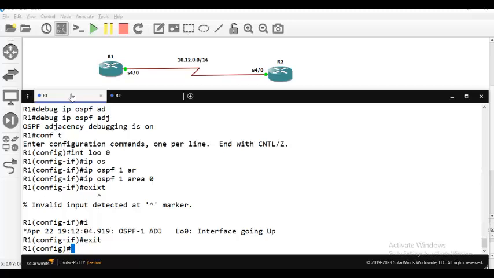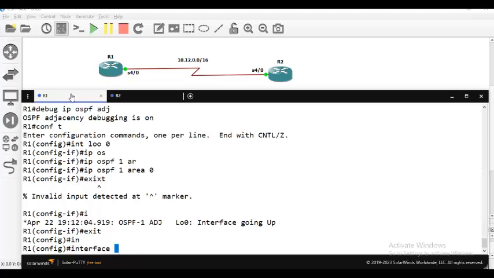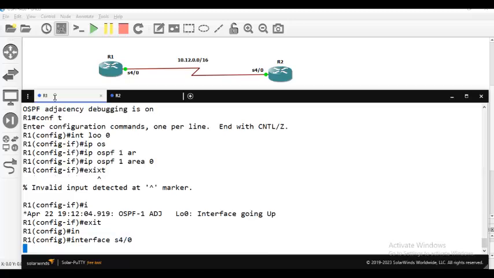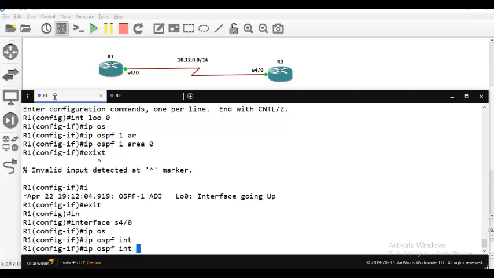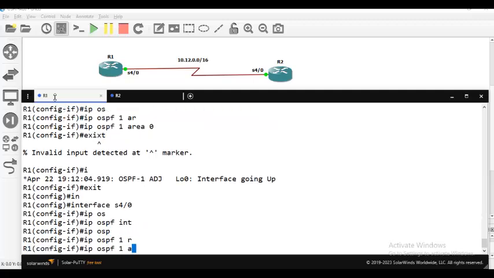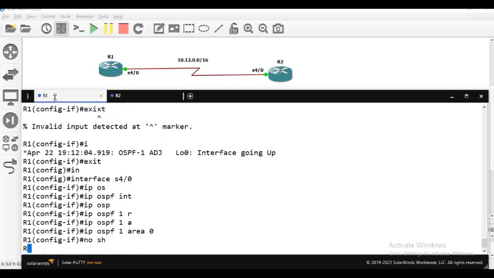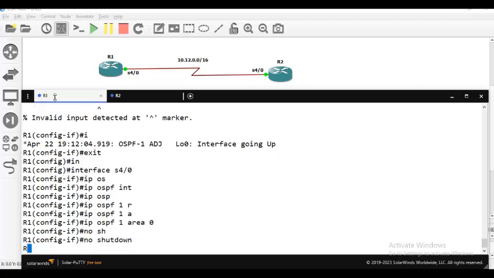Interface serial 4/0, which is down. I'm bringing it up now. After enabling OSPF, I'm bringing it up. Let's wait for the logs.